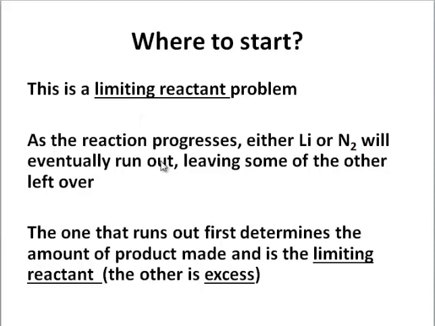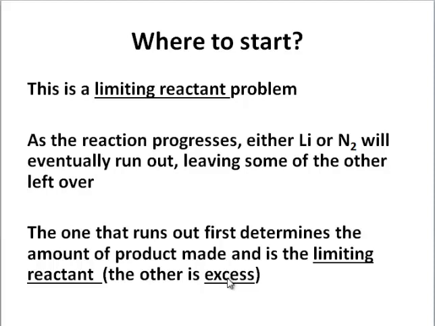As the reaction progresses, one of these reactants, lithium or nitrogen, will eventually run out, leaving some of the other left over. The one that runs out first determines the amount of product made and is the limiting reactant. The other is called the excess reactant, or just said to be excess. And you've heard this term before in problems you've worked.